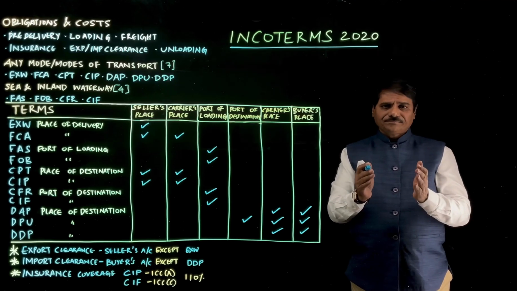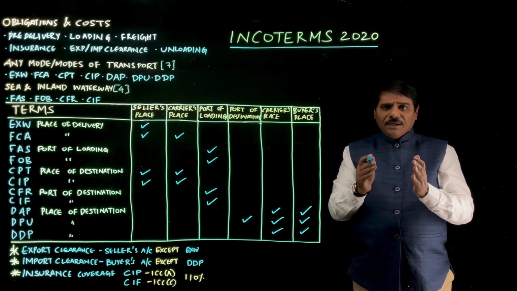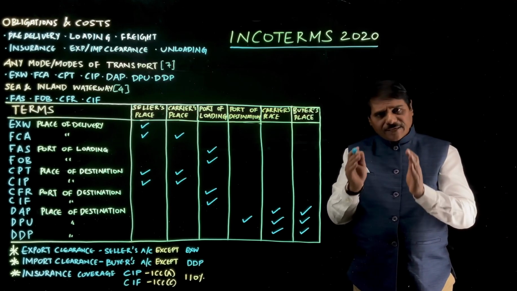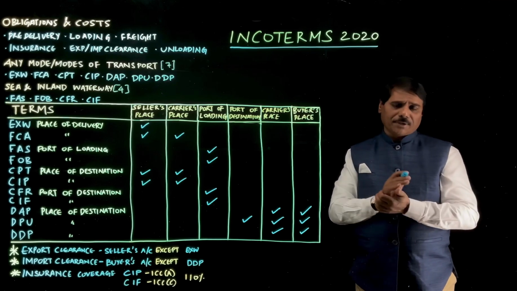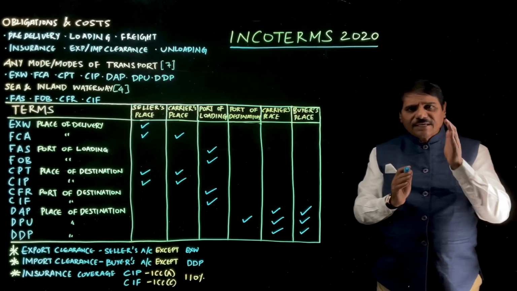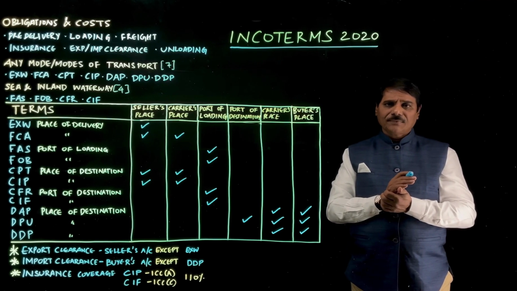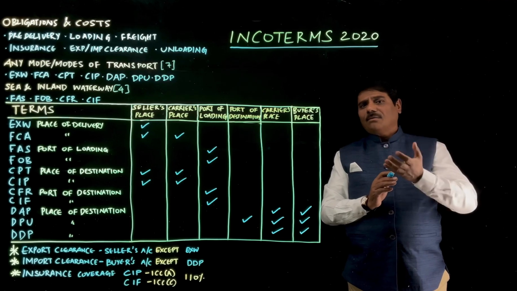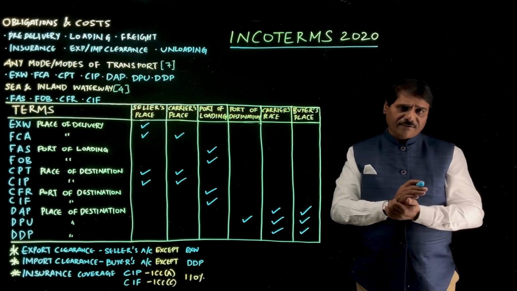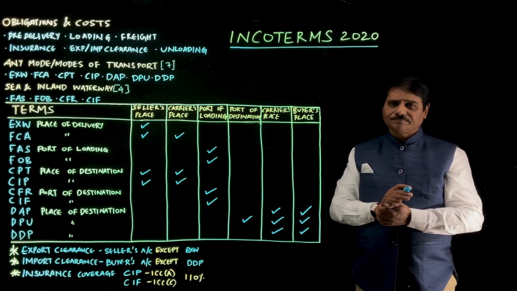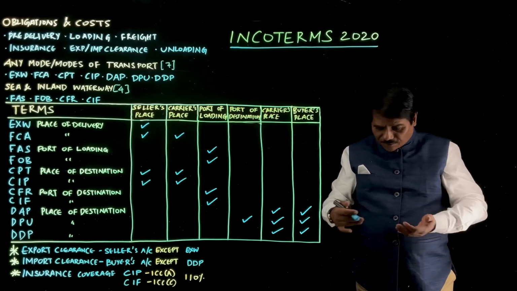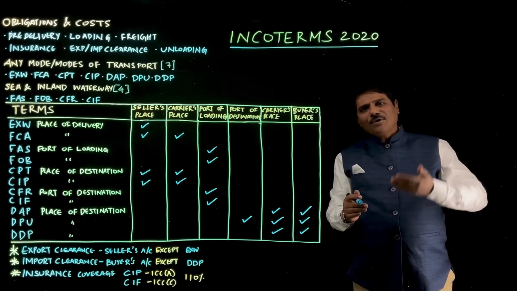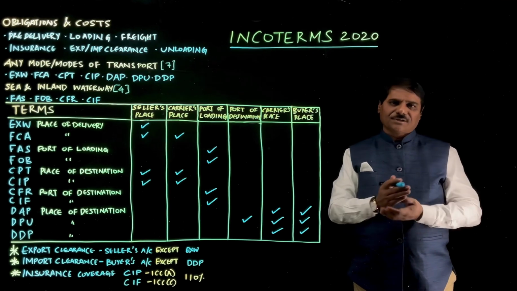Suppose there are two types of ports: one, anchorage port or natural harbor. In case of an anchorage port, the ship will stand maybe a couple of kilometers away from the port, because at the port it is not that deep. The ship cannot stand here, so the ship will be anchored where the depth is comfortable.